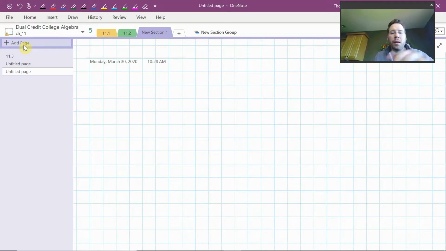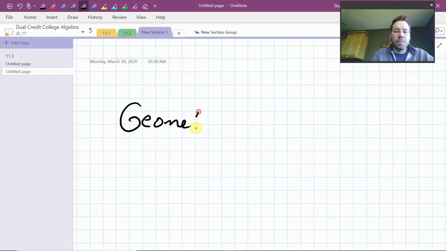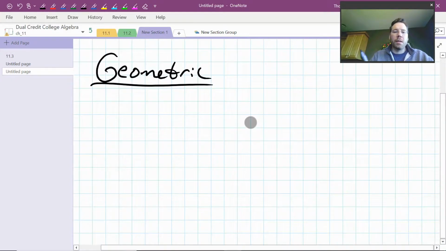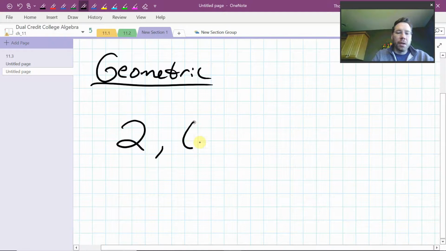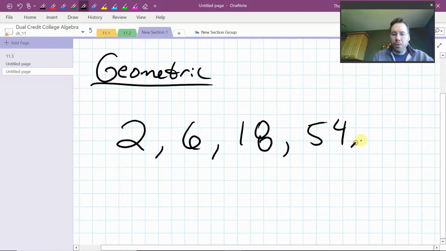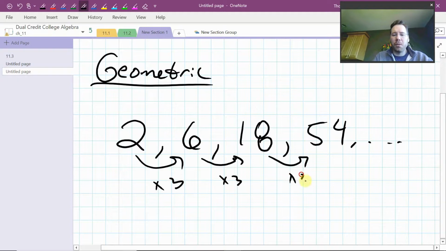But what we're going to look at today is something that's called geometric. It's really just a different pattern. So if I would have something that is 2, comma, 6, comma, 18, comma, 54, comma, dot, dot, dot, and I'd ask what's the pattern, hopefully you'd look at this and go, oh, times 3, times 3, times 3.